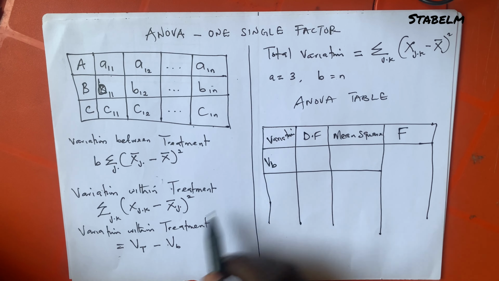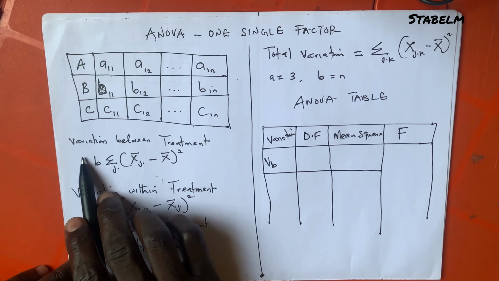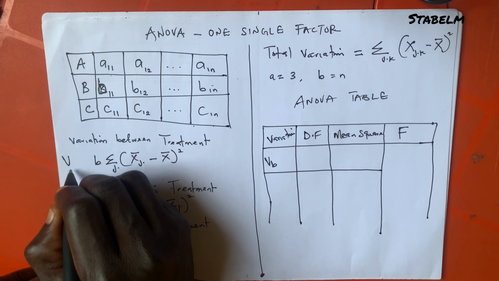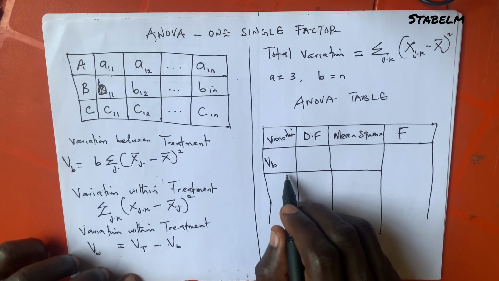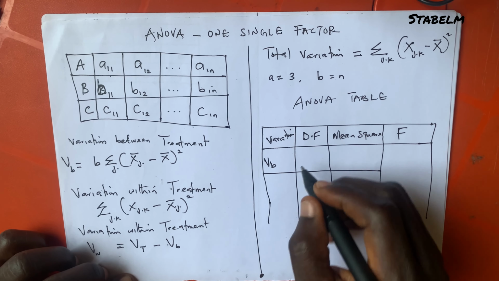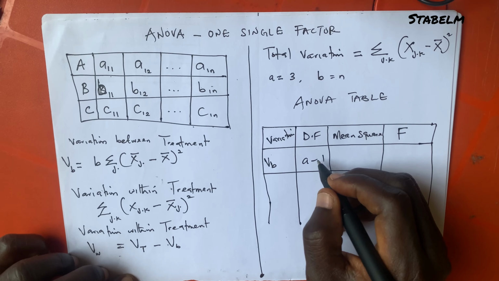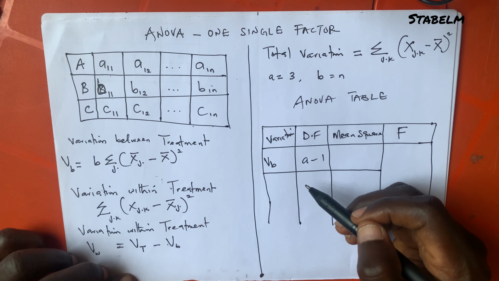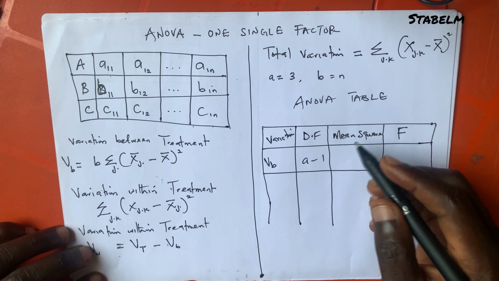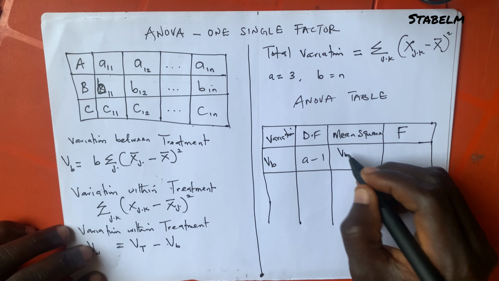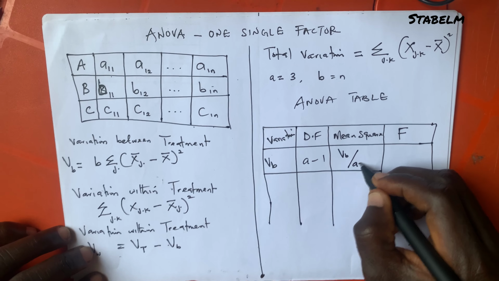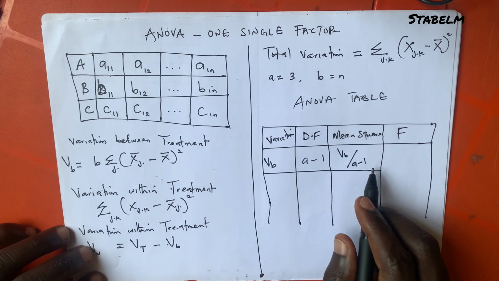Variation between treatment is V subscript B. Here is V subscript W, variation within treatment. So we have V B, and the degree of freedom is given as A minus 1, that is the number of treatments minus 1. Then the mean square here, we have V B, variation between treatment, divided by the degree of freedom, that is A minus 1.